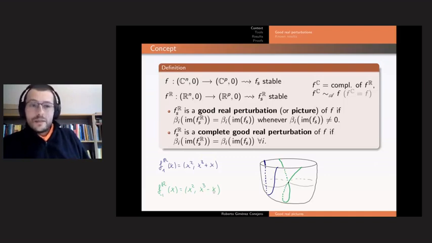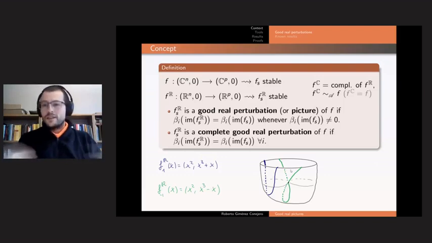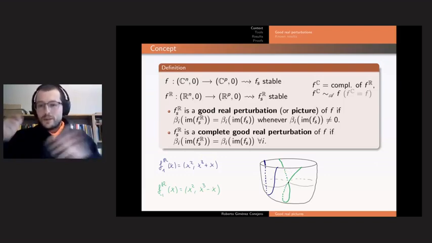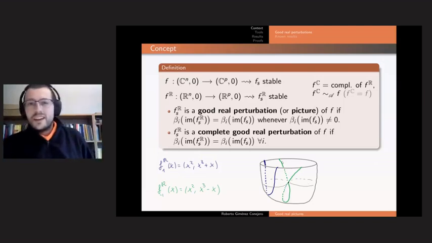In the other case, where the parameter is -1, the fibers are not the same, because they live in different places. But if you look at the fiber and how it sits inside, it is something like this. In this case, it's very easy to see that the complex and the real image have the same Betti numbers. So this would be a good real perturbation and also a complete good real perturbation.